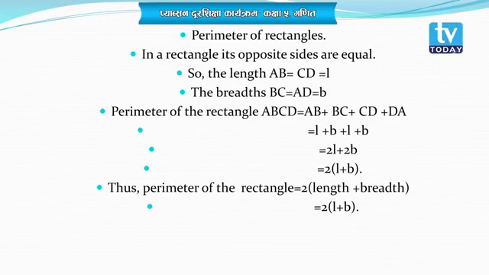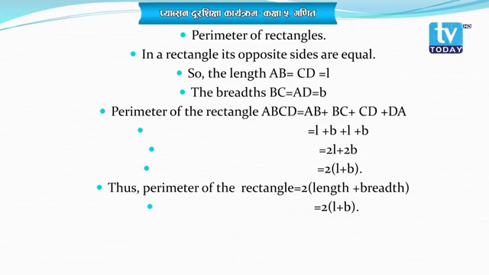That means length will be equal to length and breadth will be equal to breadth. So there are 2 lengths and 2 breadths. We can take 2 common from the 2 lengths and 2 breadths. So let's take 2 common over here, and bracket L plus B. You can see it over here as well.